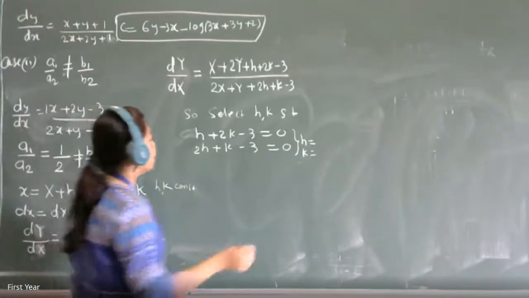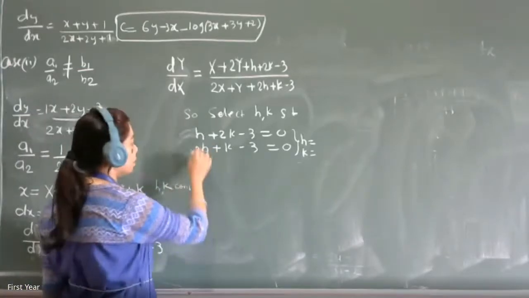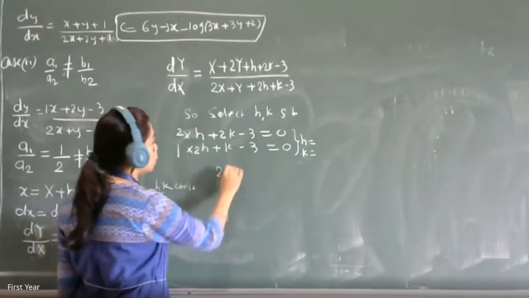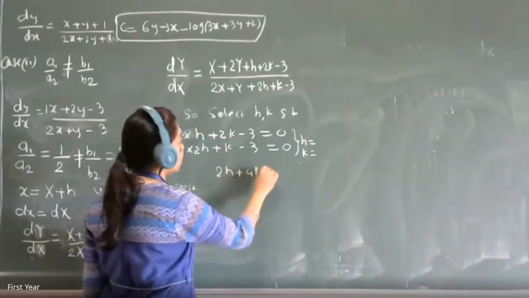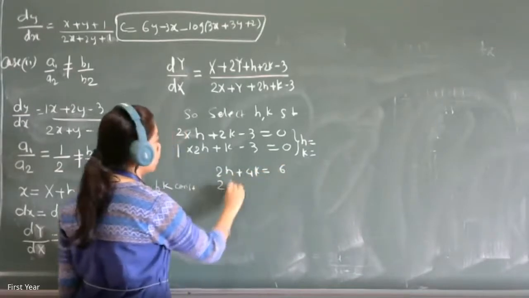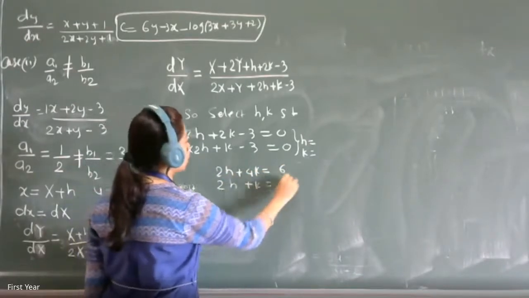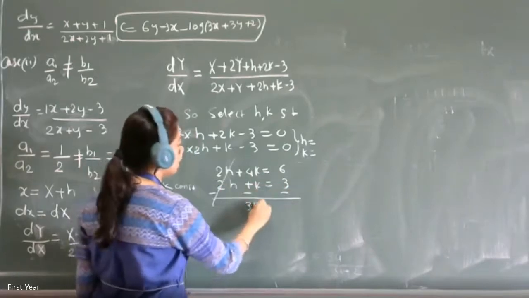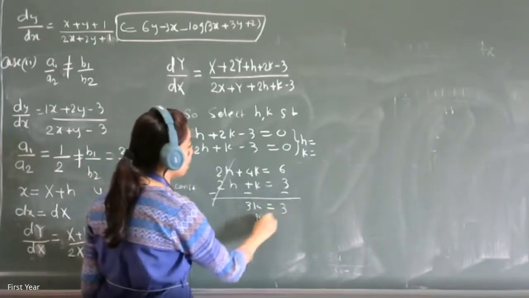Those who know get it quickly; for the others I will do it. Multiply this with 2, this with 1. So 2h plus 4k is equal to 6, and 2h plus k is equal to 3. Subtracting, 3k is equal to 3, so k is equal to 1.